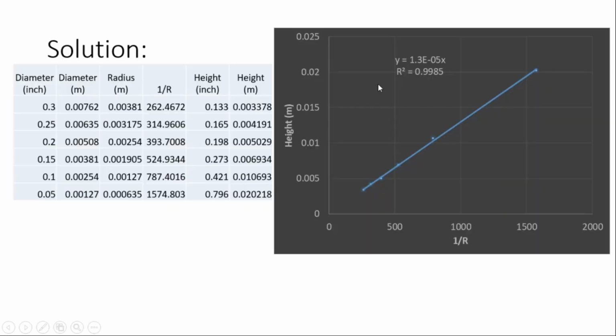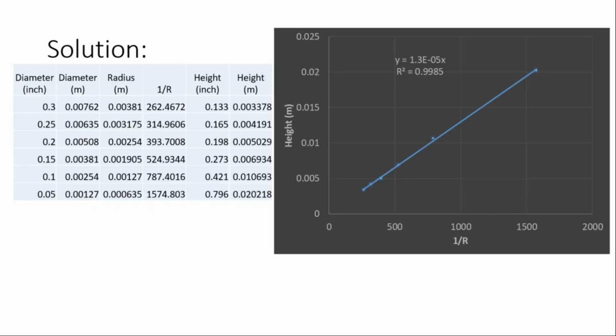When I plot it, I will get a straight line, and then I find the relation y is equal to 1.3 times 10 to the power minus 5 x. This is the expression of the straight line which I found using Excel, with no y-intercept.